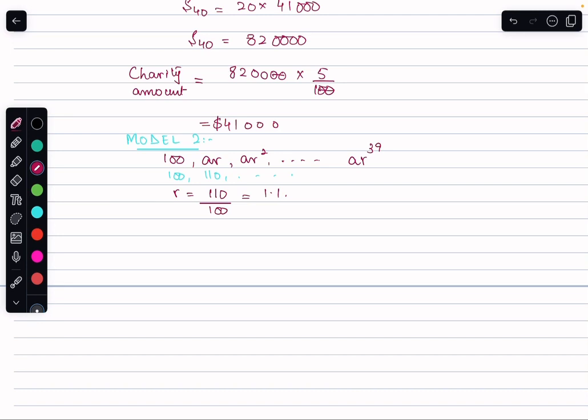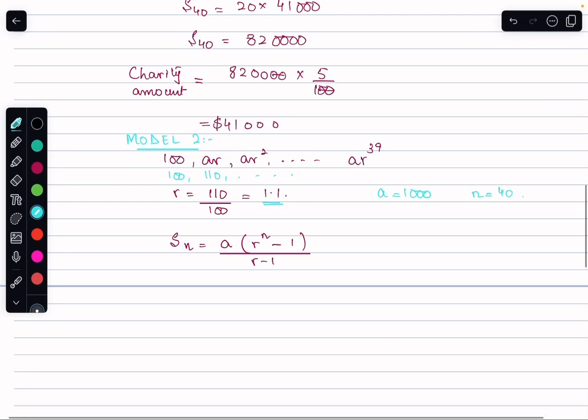So again, I should be getting the sum on the 40th day, the total amount on the 40th day, and this then shall be given as a times r to the power n minus 1 divided by r minus 1. So I have the value of a, I have the value of r, and I have the value of n as well. a was 1,000, r is 1.1, and I have n, which is 40 over here.